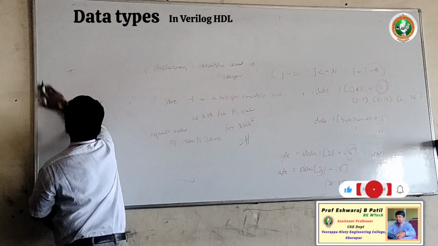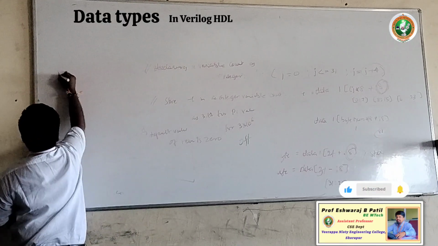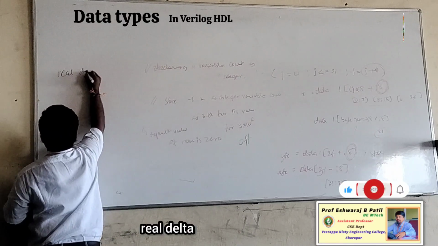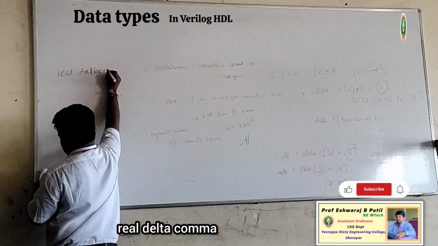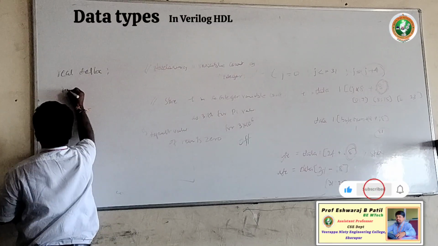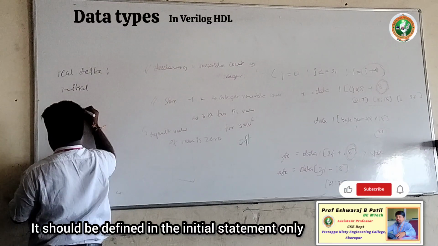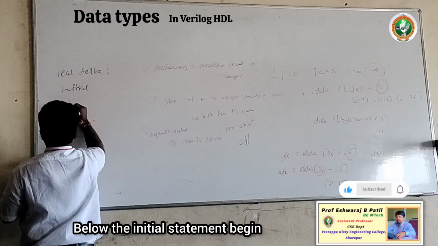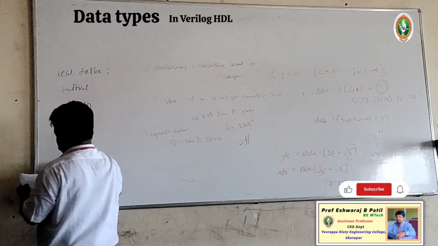For example, we can define the data types as real delta. It should be defined in the initial statement only, below the initial statement, begin and the end also.